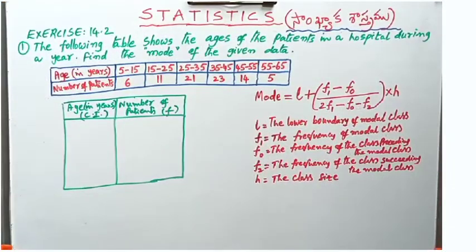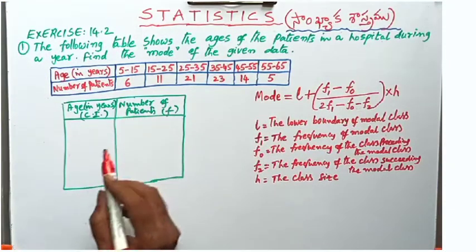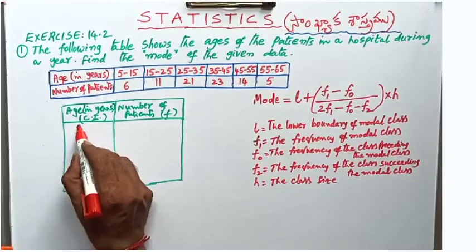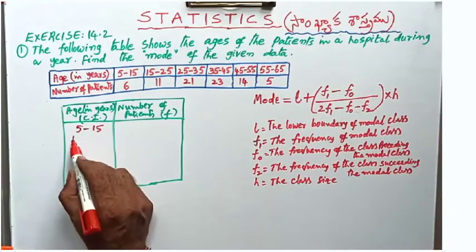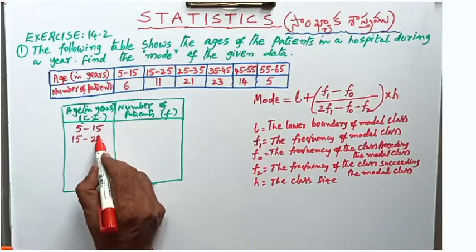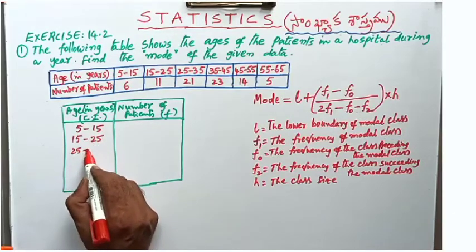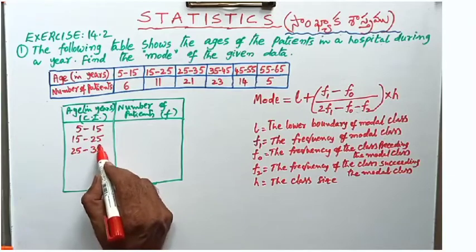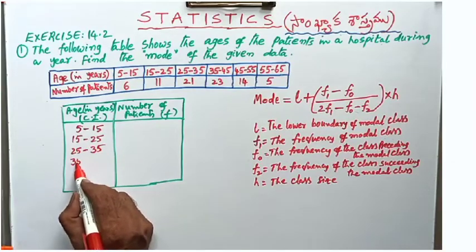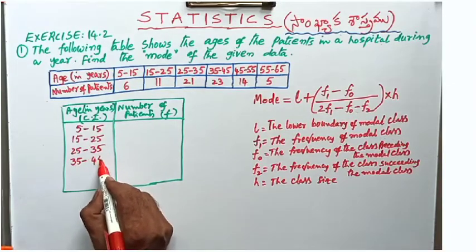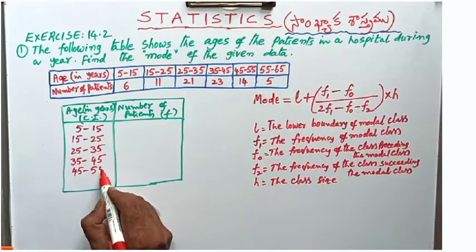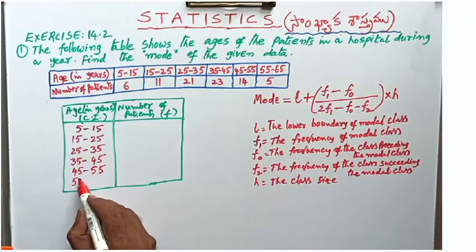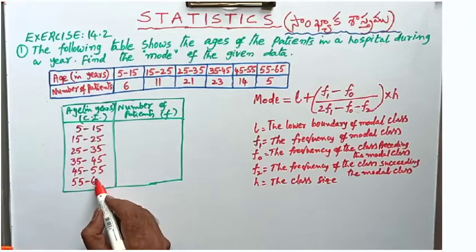Now you write the class intervals: 5 to 15, and next 15 to 25, 25 to 35, 35 to 45, 45 to 55, 55 to 65.